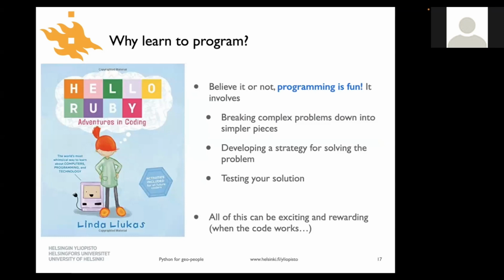And programming a lot of times involves breaking down something complicated into smaller pieces and writing a little code to deal with those smaller pieces to be able to do something more complicated. It also involves coming up with a strategy for how you're going to do that, and testing your solution, which most of the time means just running your code to see if it works. But these are fun things to do because you are creating a little process and you say, well, I'm setting up my own little experiment here.